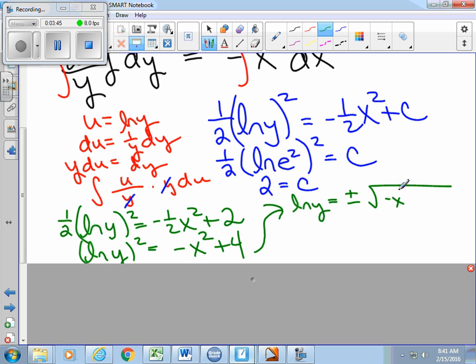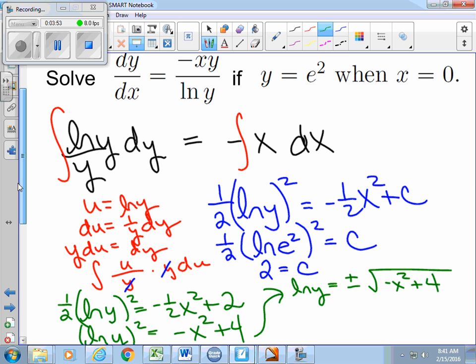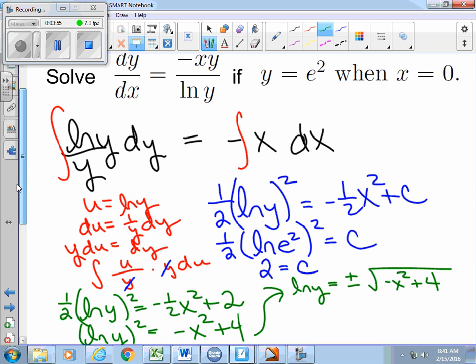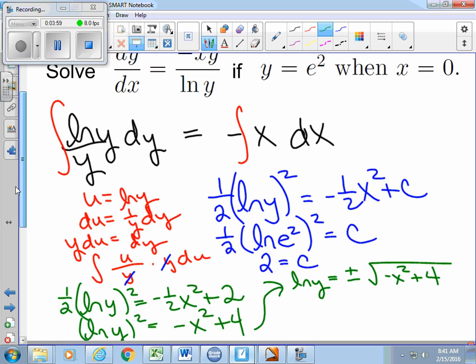I can stop right now and decide which one of those I want. What was my initial condition? When I plug in a 0 for x, I get a positive e squared for y. Everyone agree with that? Which one of those will make that work out? The positive, correct? I thought about it. I'm picking the positive.